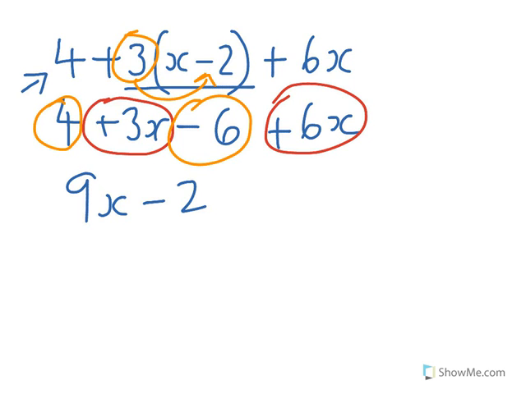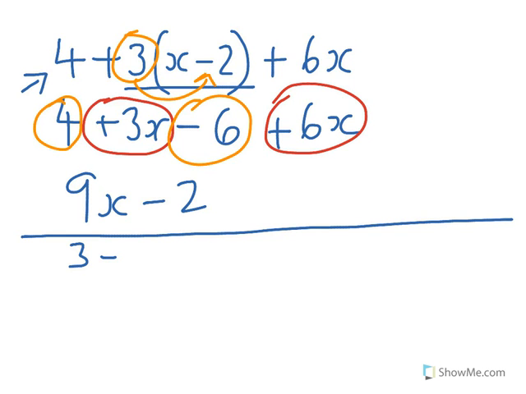I'm going to do one more, because I just want to show you what happens if you would get something like this. Okay, so what's happening here is in front of the bracket it looks like there's just a minus sign, but actually there's a minus 1 there.